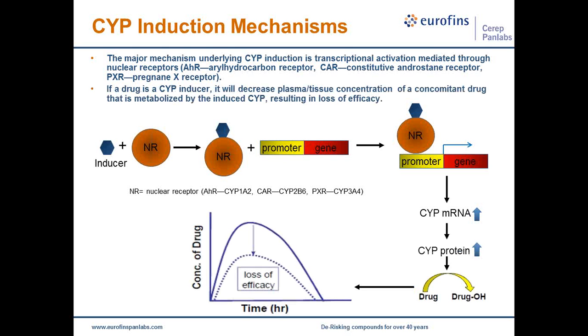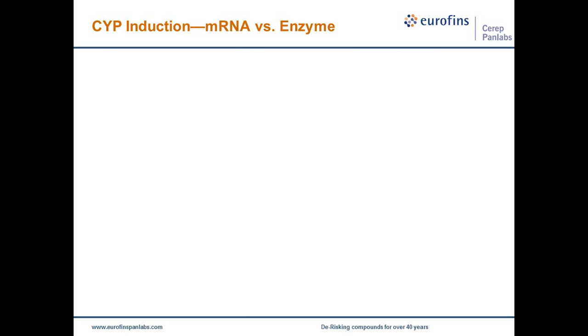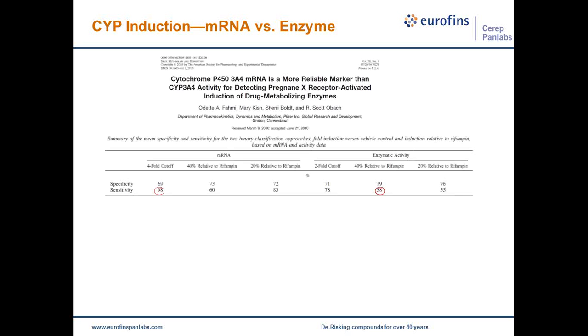So CYP induction can be measured using enzyme activity or mRNA level as the endpoint. In the FDA 2006 guidance, enzyme activity was recommended for CYP induction. However, a study by Fahmi et al. in 2010 indicated mRNA level is more sensitive than enzyme activity as the endpoint for CYP induction.